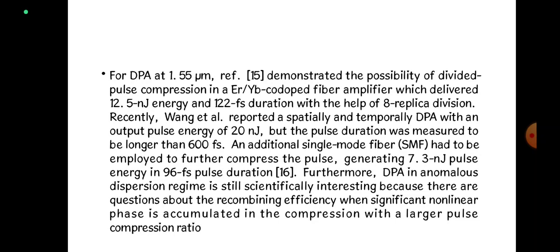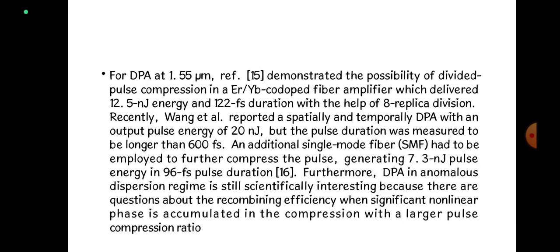demonstrated the possibilities of divided pulse compression in co-doped fiber amplifiers, which delivered high energy and short time durations with the help of 8 replica division. Reportedly a spatial and temporal DPA had an output pulse energy, but the pulse duration was measured to be longer than 600.